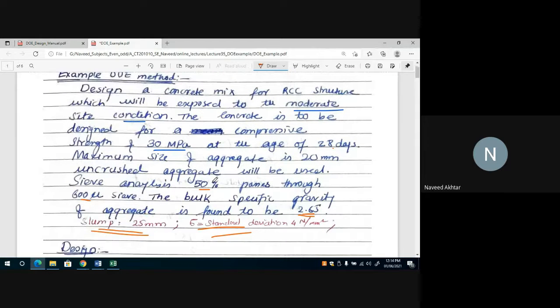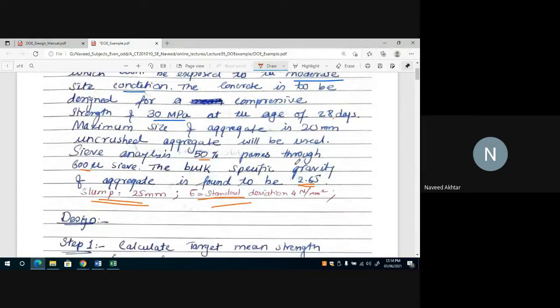We have to design a mix for the M30 grade of concrete using the Department of Environment method, that is the DOE method, UK.